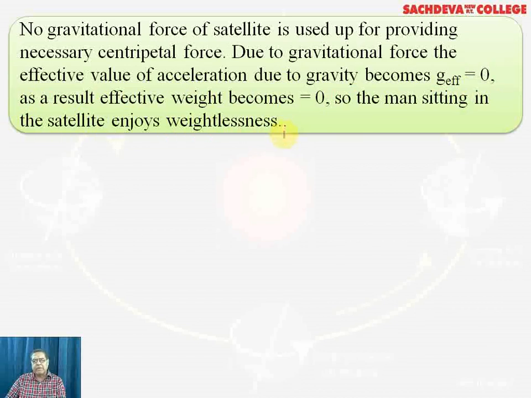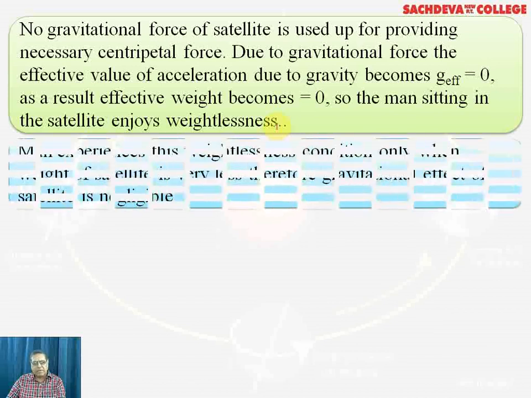So if a person is in space, the person in the satellite will enjoy weightlessness. However, the person has weight, but acceleration due to gravity is zero, therefore the weight, that is mg, m multiplied by 0, will become 0. So the person will enjoy weightlessness. We will find that in the satellite, the person will just float like in water.